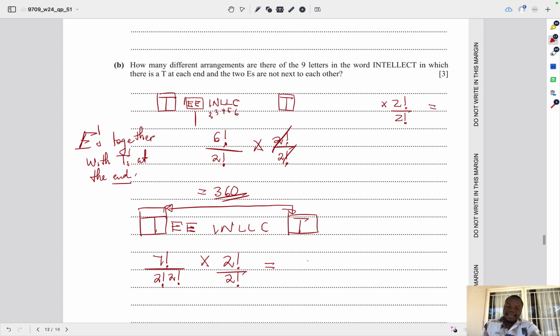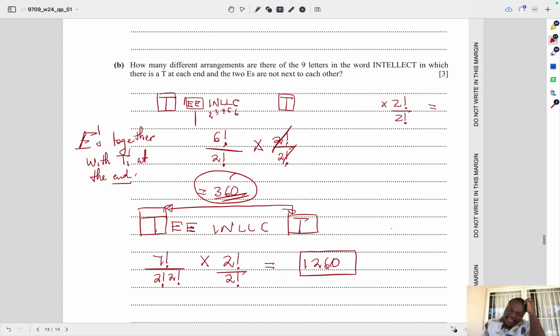What I'm getting here is 1260. Now, this 1260 is the total number of ways in which the T's are at both ends of the arrangement, including the number of ways in which the E's are next to each other, which is 360.